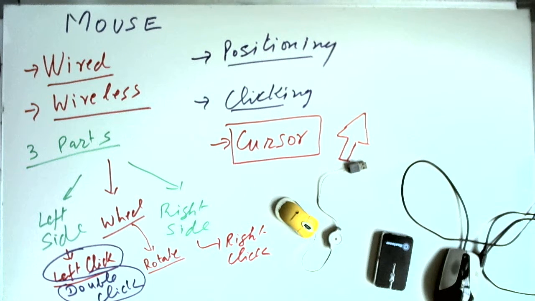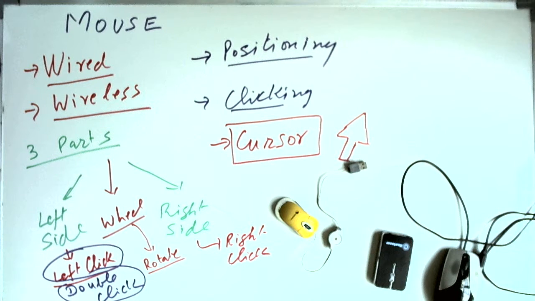When we say position the mouse, it means you have to position the cursor at the right place on the screen, and once you have put the cursor at the right place, then you give the instruction to the computer by clicking appropriately either the left click or the right click.